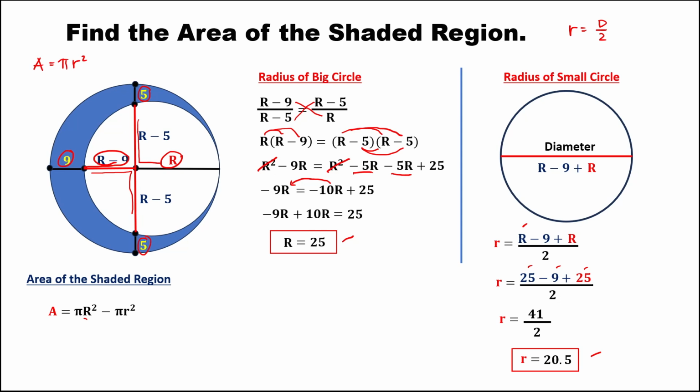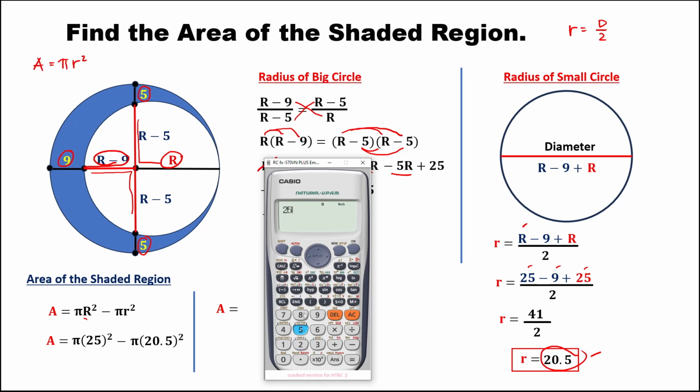Then substitute now the values. So we have the area equals pi times the radius of the big circle squared minus pi times the radius of the small circle squared. To simplify, we have 25 squared minus 20.5 squared.